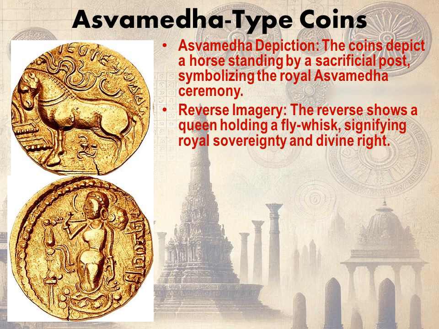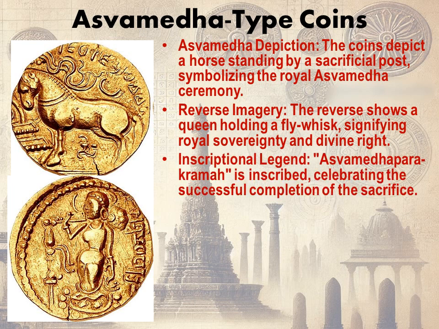The reverse shows a queen holding a fly whisk, signifying royal sovereignty and divine right. So, in the reverse imagery, we can see a queen holding a fly whisk, and that signifies the royal sovereignty and divine legitimacy of Emperor Samudragupta.